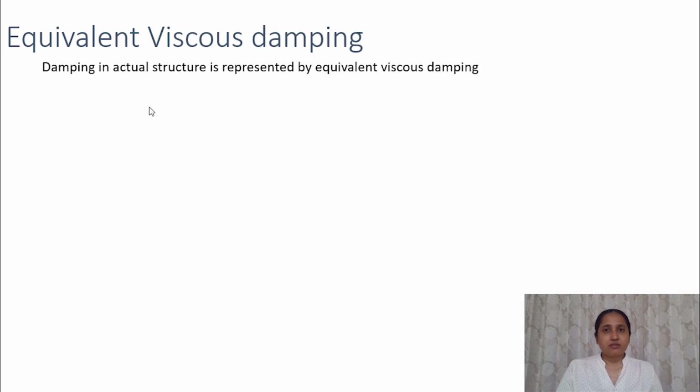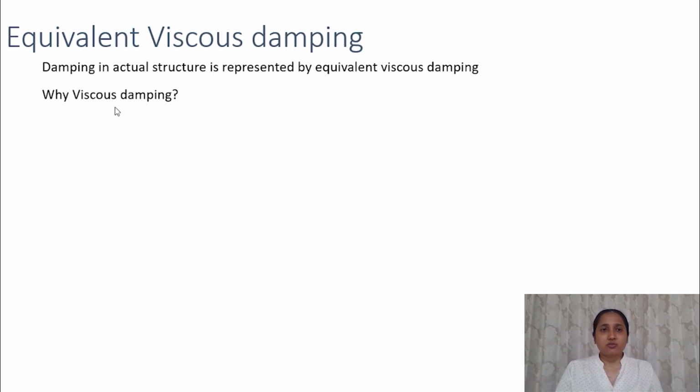Now, let's use this dynamic hysteresis loop to calculate the equivalent viscous damping in a system. So in the beginning, we discussed that the damping in an actual structure is due to many different energy dissipation mechanisms, and these mechanisms can be represented by an equivalent viscous damping.